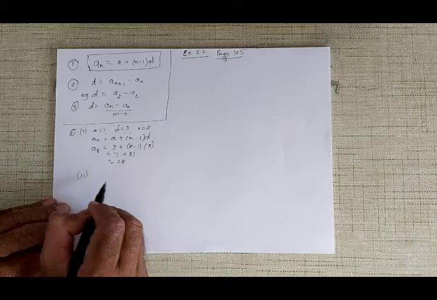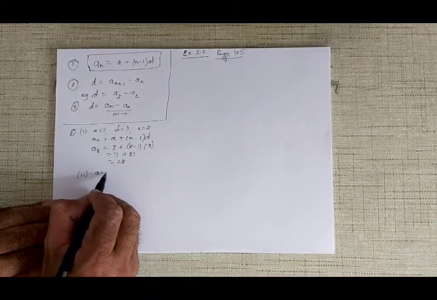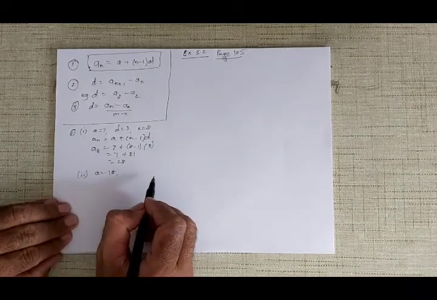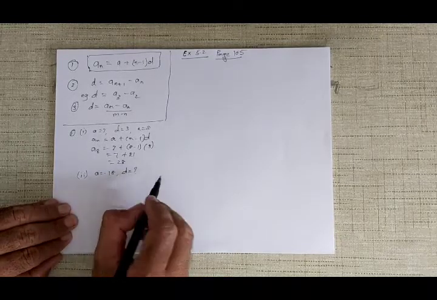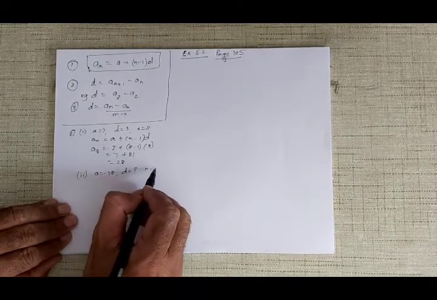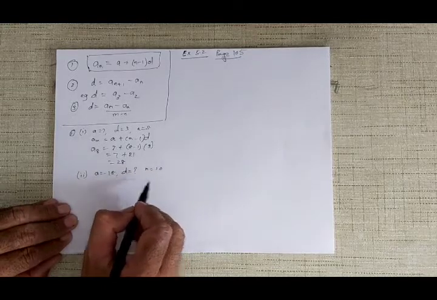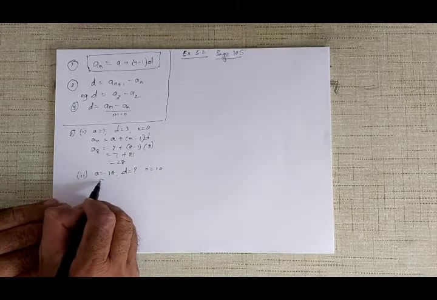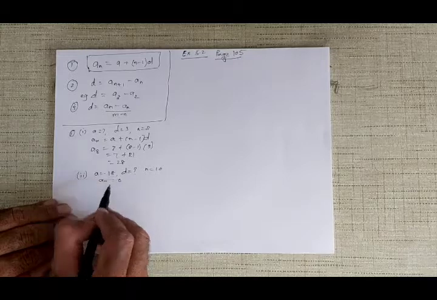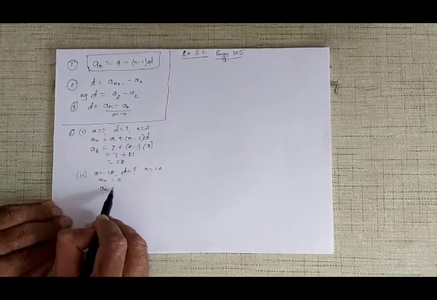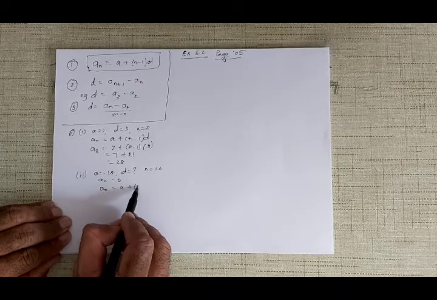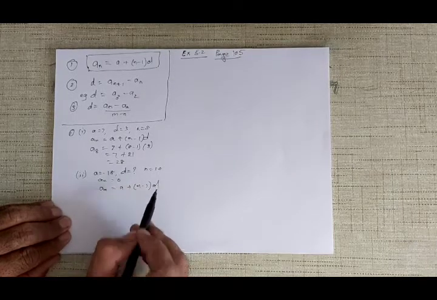The second question. a is equal to minus 18, d is equal to question mark, we want to find d. Then n is equal to 10 and a of n is equal to 0. This is given. Again, we apply the same formula, a of n equals a plus n minus 1 into d.